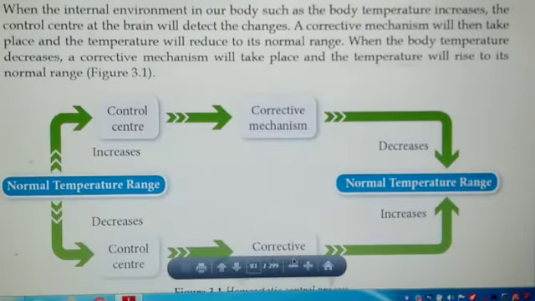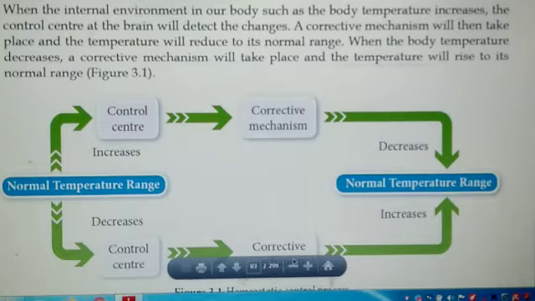If something happens to our body temperature, for example, our internal environment such as the body temperature increases, our control center, that is the brain, will detect the changes.